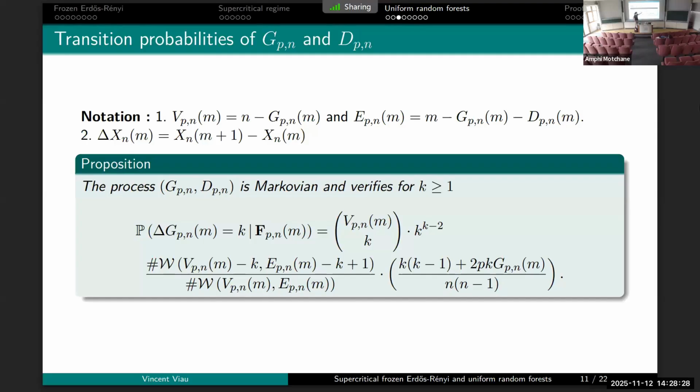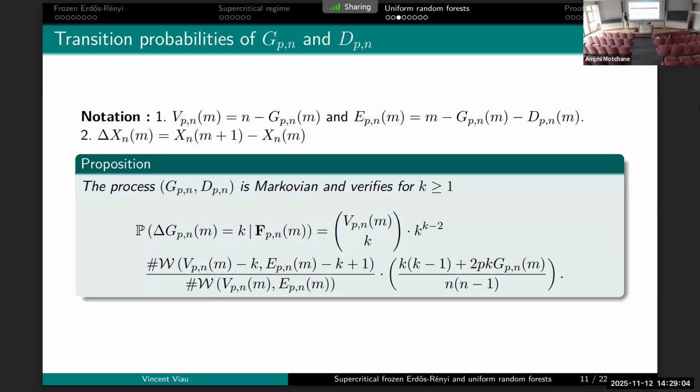You have to choose the vertices involved in your tree, which gives you V choose K. Then you can use Cayley's formula to say that there are K to the K minus 2 possible trees of size K. Finally, what is the probability that one given tree of size K belongs to the forest? Since the forest is uniformly distributed, this is exactly a ratio of cardinalities of sets of forests.